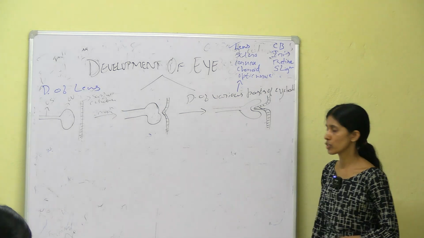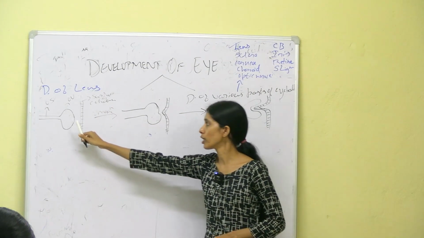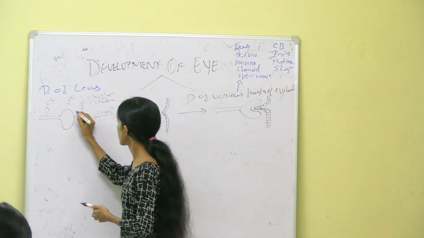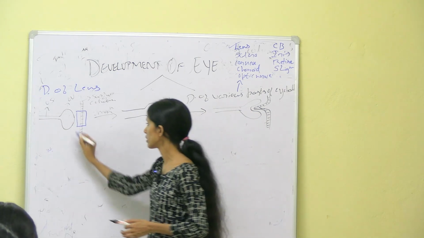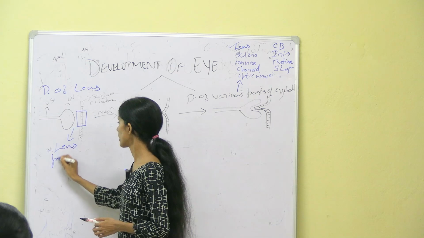Okay. First, your surface ectoderm is present just in front of your optic vesicle. Now this region, which is present anterior to your optic vesicle, is called the lens placode.